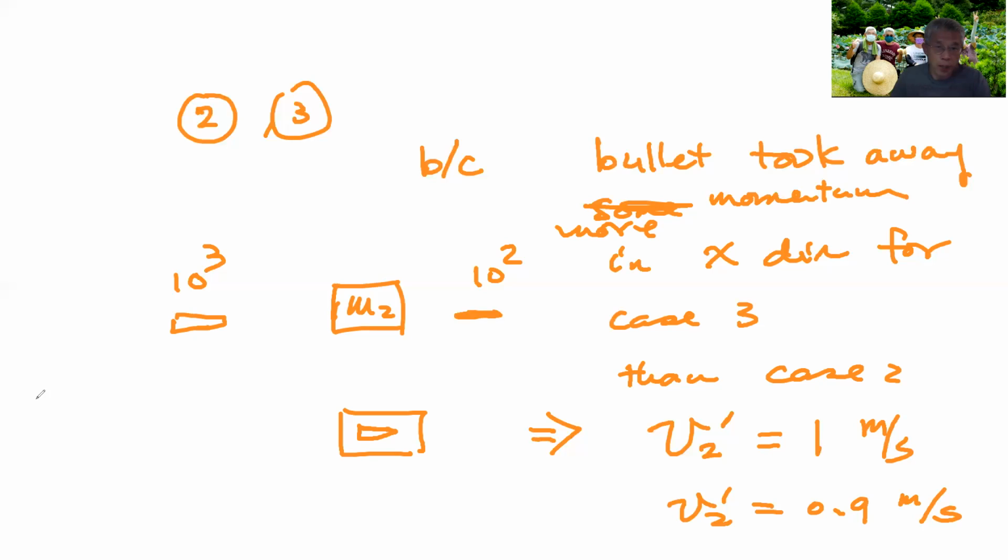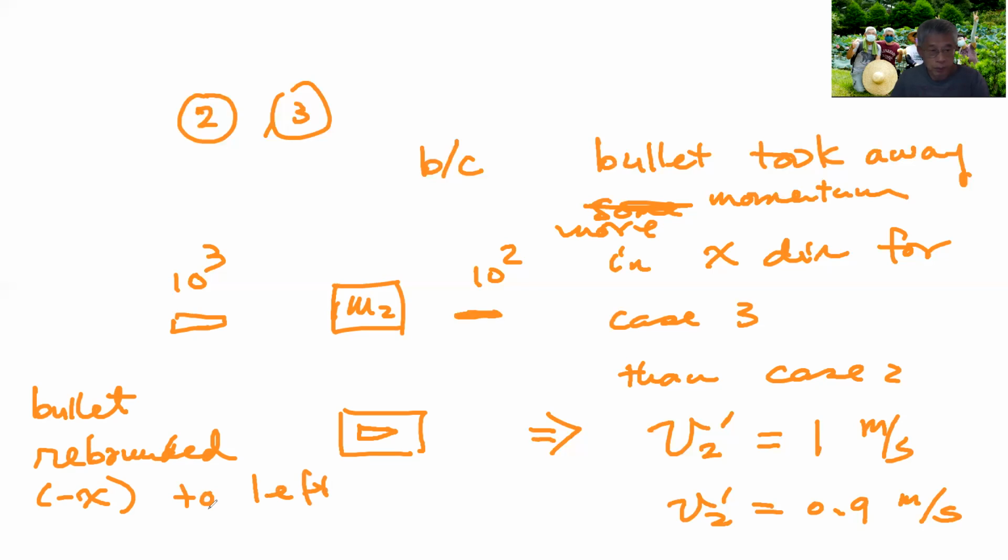And in case 1, the bullet rebounded, went to the negative x direction, rebounded to the left for case 1, right?